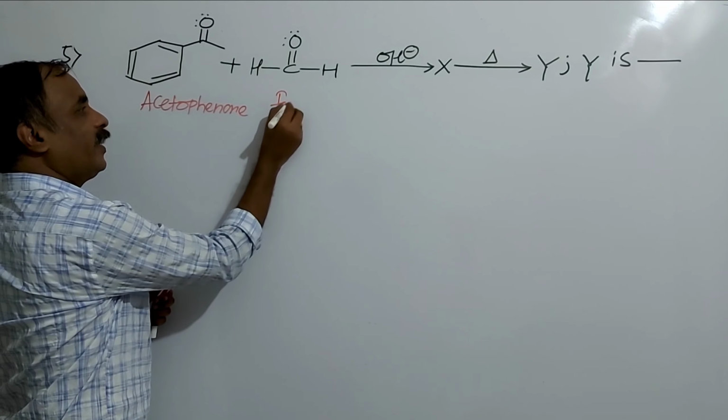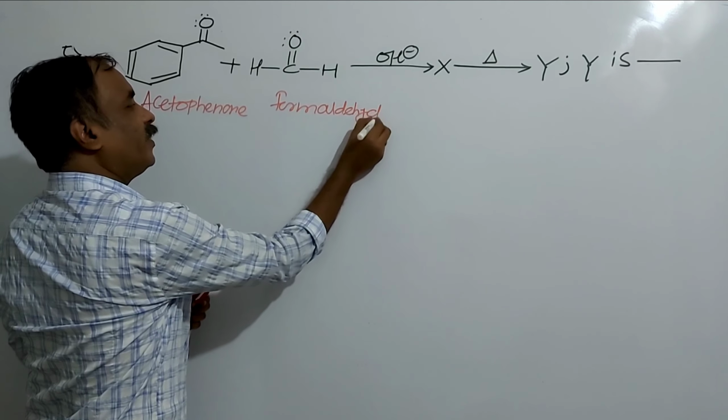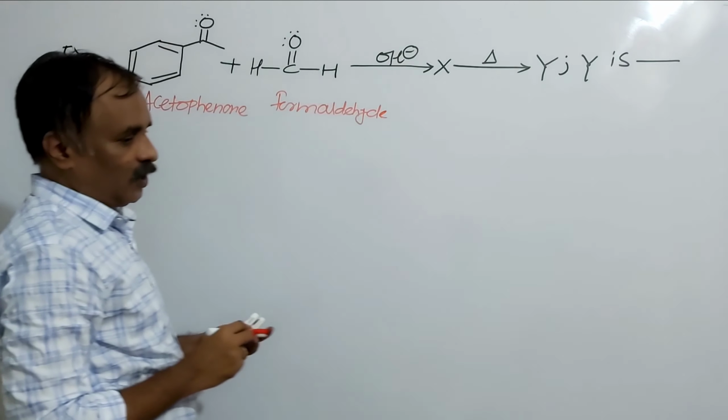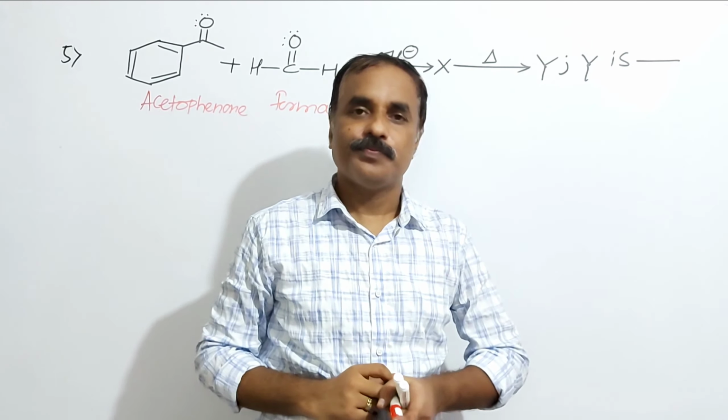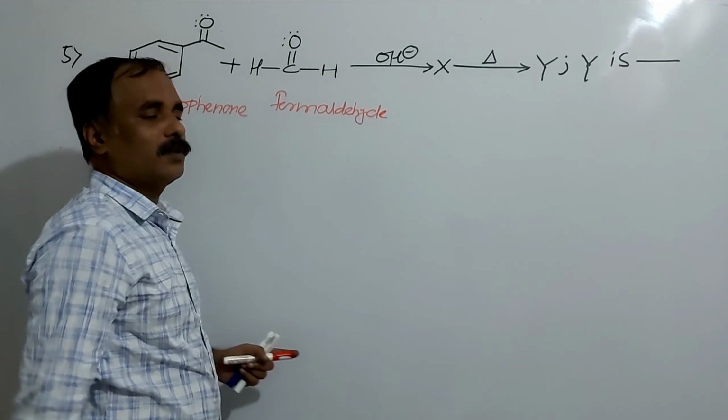This is formaldehyde. Condensation of these two in the presence of base gives X. Heating of X gives Y, and definitely this is an example of aldol condensation.